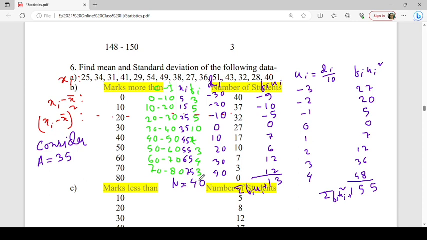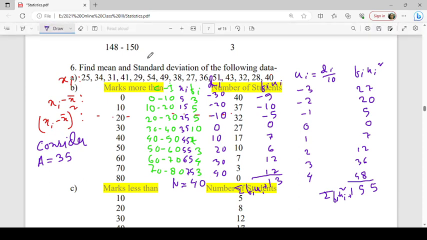Now put the value. Now sigma is equal to h, which is 10, into root over summation fi ui square, which is 155, divided by N, which is 40, minus summation fi ui, which is 13 by 40, whole square. In calculator you find the values.